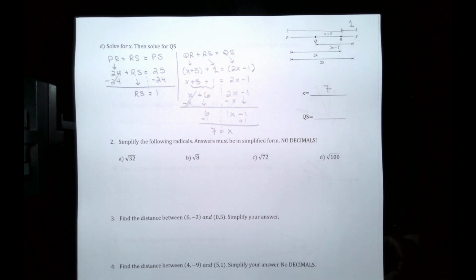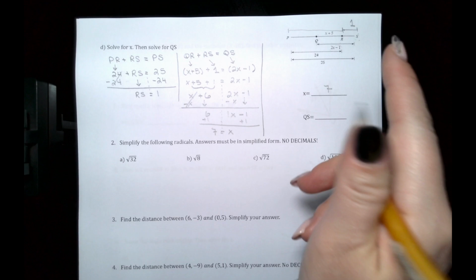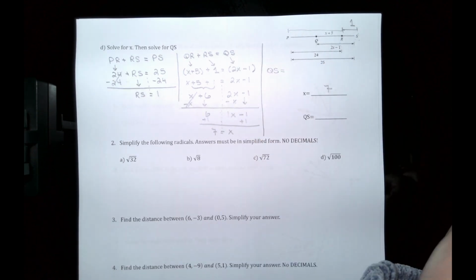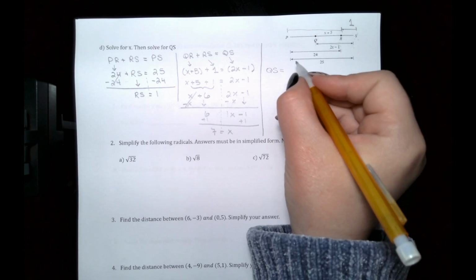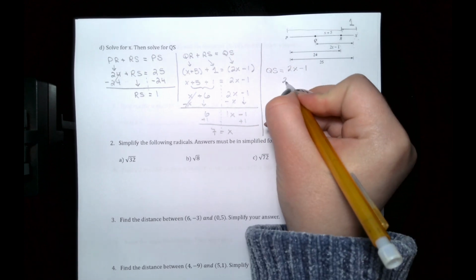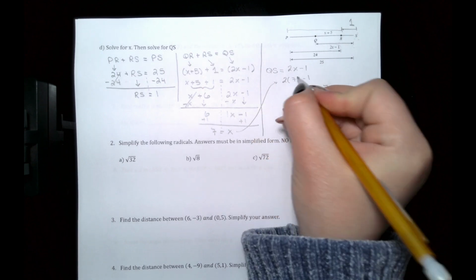Now again, what is it asking us? It's asking us for QS. So we got a third quick little setup here. QS is equal to 2x minus 1. So that means now we're going to put in our x of 7.